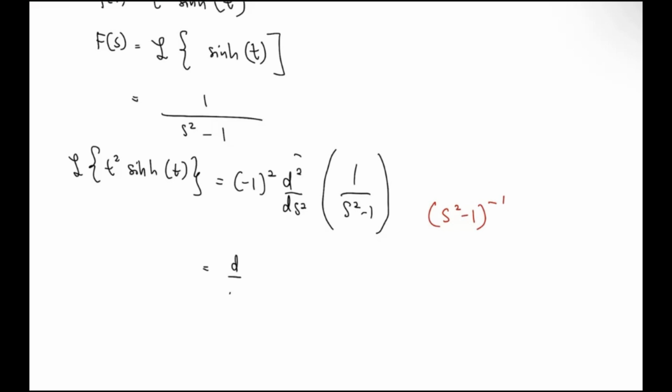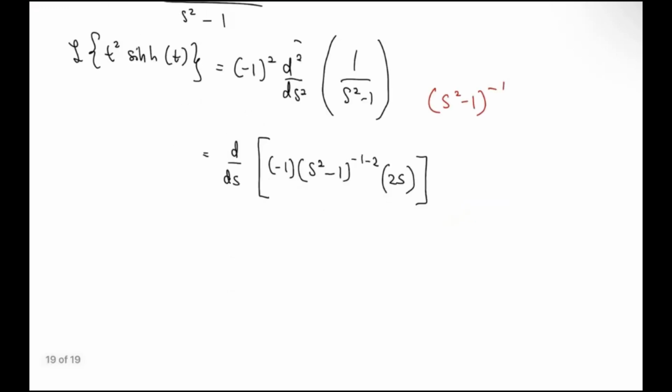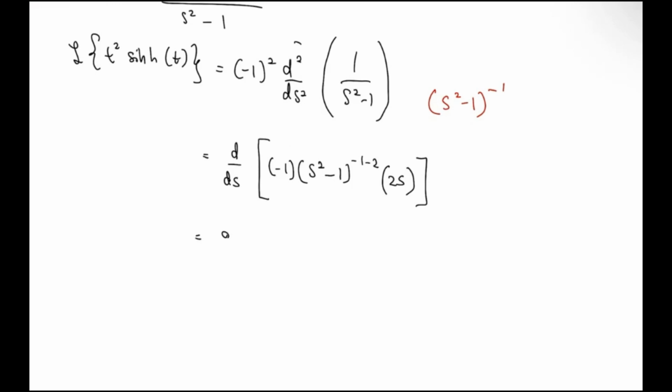So we have d over ds. So first time you differentiate, you get minus 1, s squared minus 1 to the power of minus 2. Then differentiate s squared, so we get 2s. So we have d over ds of negative 2s, s squared minus 1 to the power of negative 2.